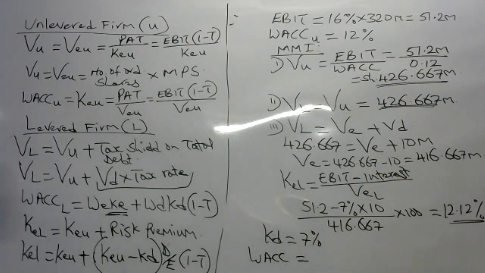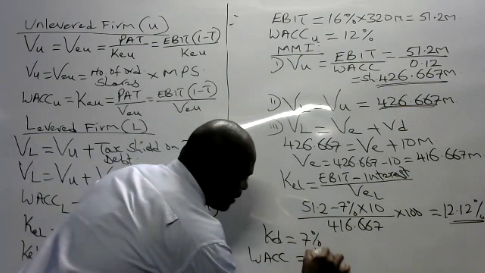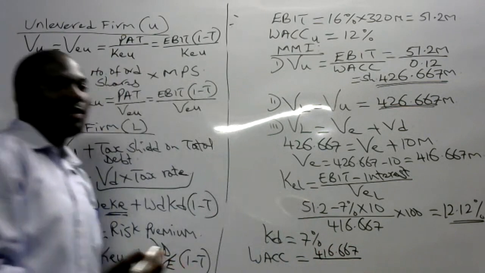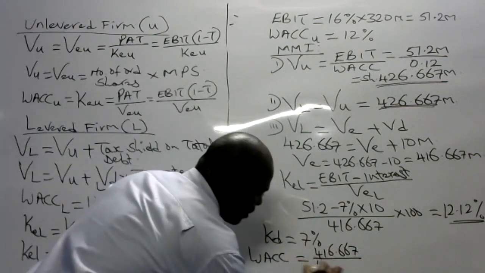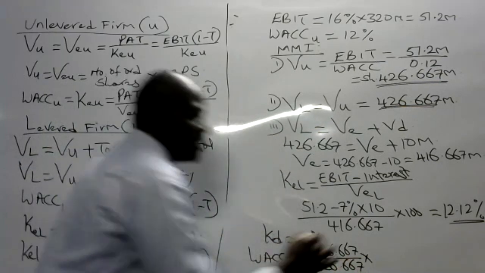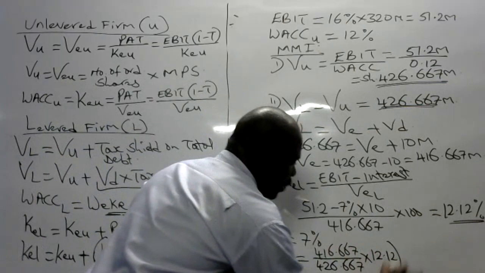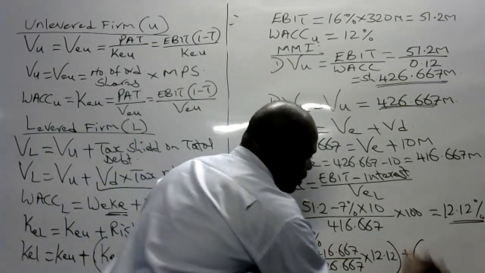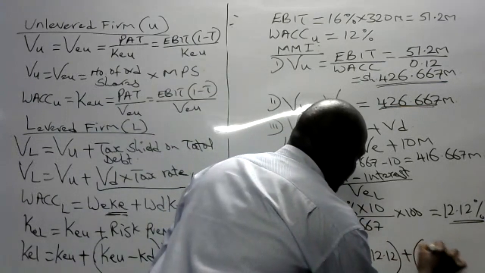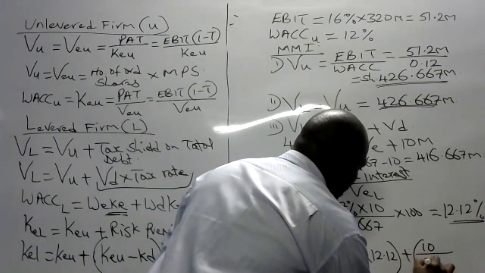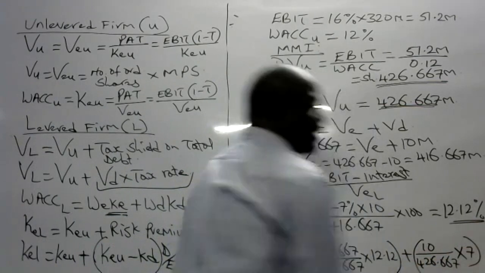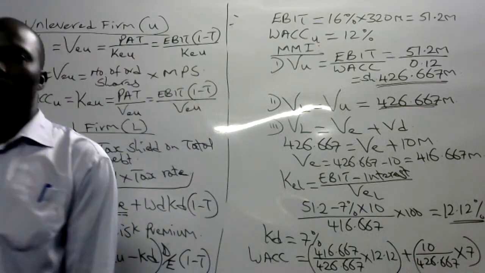The weight of equity, 416.667 divided by what, the total value of the firm? 426.667. What is the Ke? 12.12. Plus, what is the weight of debt? 10 divided by 426.667 times Kd, which is how much? 7. Can you confirm your work?